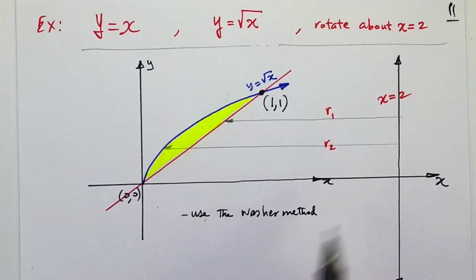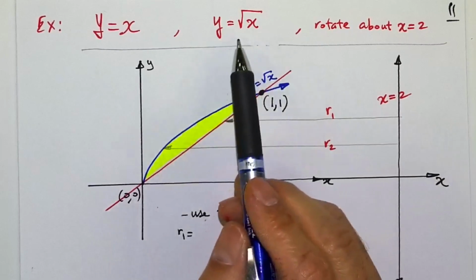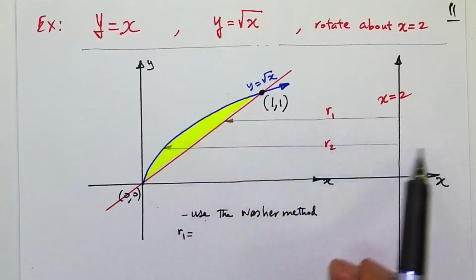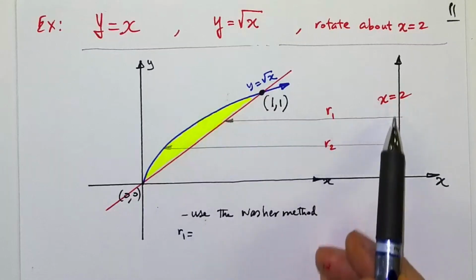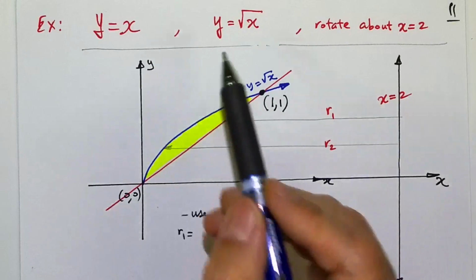And the inner radius, so let's establish that. Before that, I should actually solve this because we're integrating these washers that will result from rotating this region about the vertical line x equals 2 vertically, right?